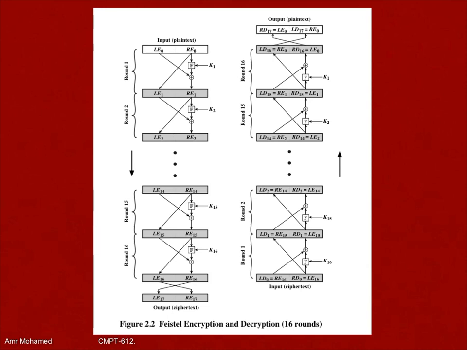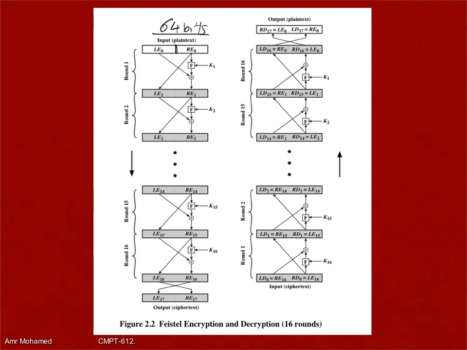So you have some kind of a plain text. Usually the plain text is 64 bits. You divide it into left element 32 and right element 32. Then simply you take the right element and you apply a certain function.